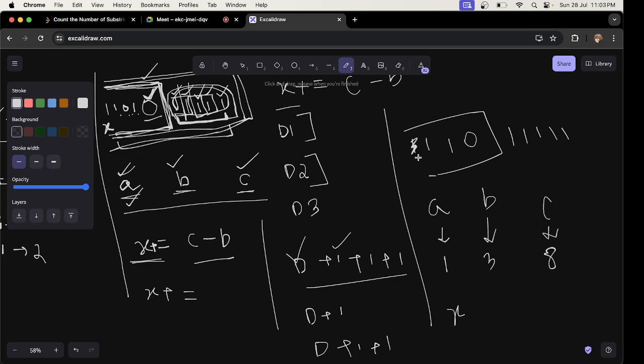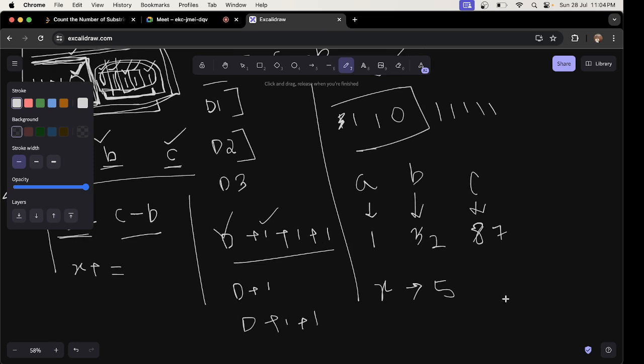So this will be 2, this will be 7. So the number of dominant substrings till this 0 will be 1 1 0, 1 0, so 2, right? No, 1 1 0, three. 1 1 1, 3, one. 1 0 1, 5. So there will be 5 dominant substrings.